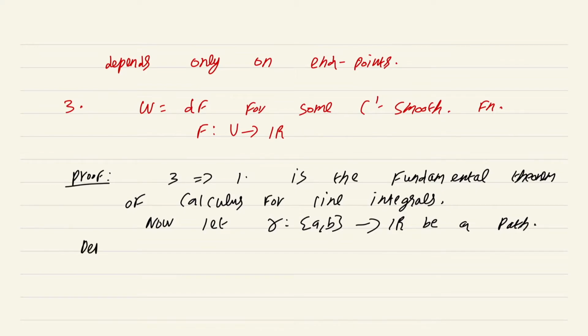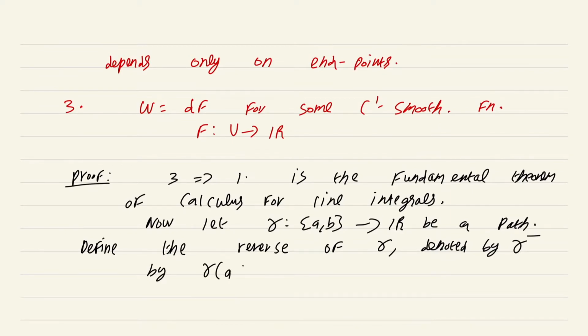Define the reverse of gamma, denoted by gamma minus, by gamma minus of t equals gamma of A plus B minus t.